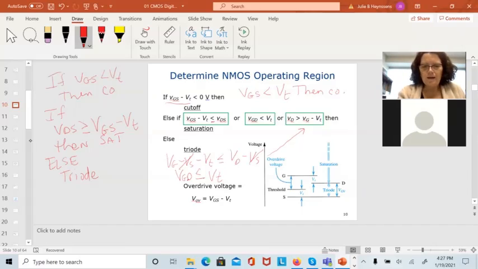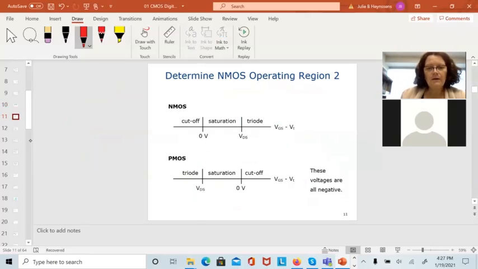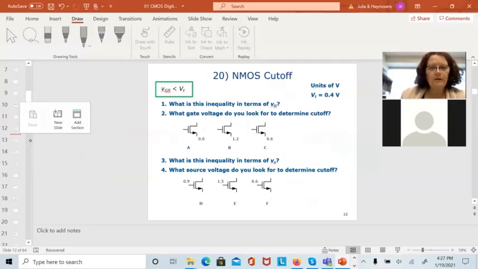My shorthand, and put a big star next to this one and memorize it, I've got this thing called overvoltage, which is just the difference between VGS and VT. And I use those two terms interchangeably and don't even think about it. So get used to that. Overvoltage is just VGS minus VT. I never liked that slide.